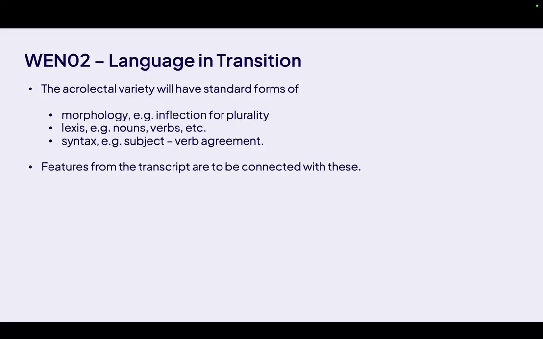Okay, and then features from the transcript are to be connected with these. So students do have to know this terminology. Like I said right at the beginning, that's AO1 analysis of texts, but they have to use the correct terminology, and use it when they're writing their responses.